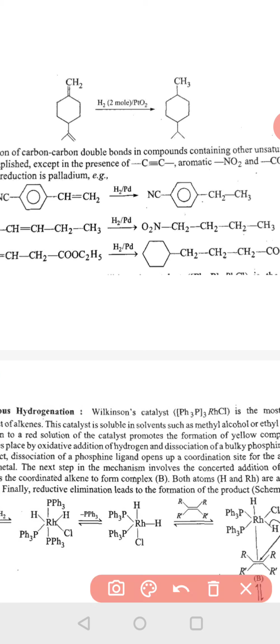Here, reduction can take place at cyanide and CC double bond. Reduction of cyanide can take place and of the CC double bond, the alkene, can take place. But when we use palladium as catalyst, then selective reduction of the carbon-carbon double bond occurs. Here also we have 2 groups.